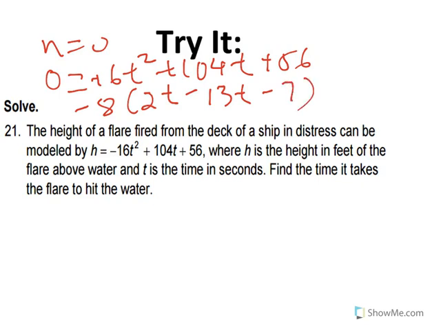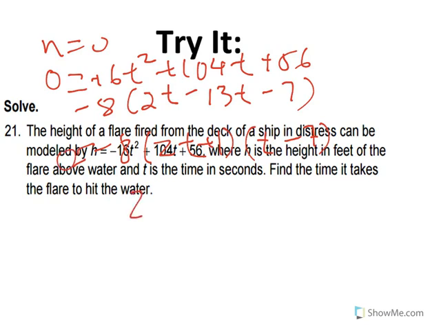So this can be factored, with negative 8 outside. So 2t and a t. We need a negative 7 and a negative 13, so we have a minus 7 and a plus 1. And they all equal to 0.